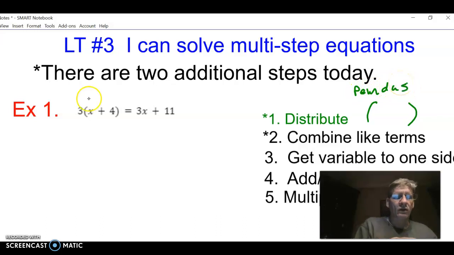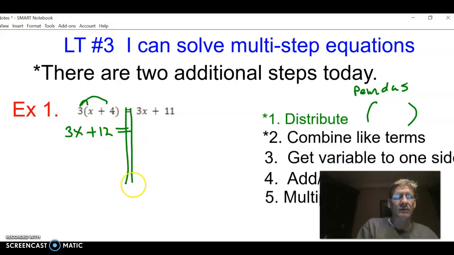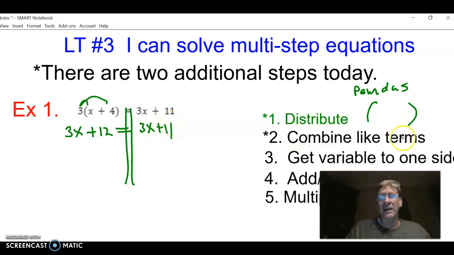All right. So here we go. I'm going to distribute that 3, and you remember the distribution. It has to go to everything. So that's 3 times x plus 3 times 4 is 12 equals, and I'm going to go back to that because I like it, 3x plus 11. Now, combining like terms, I don't have that in this particular problem, so I'm not going to get to that right now.